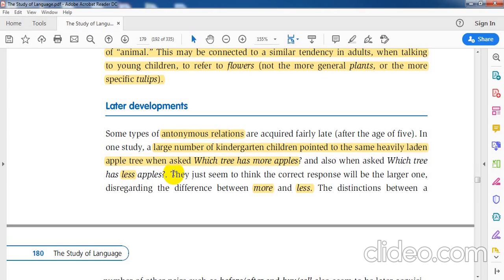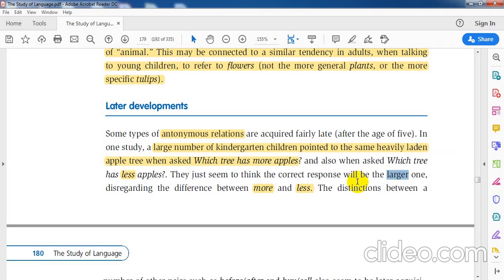Now the children are able to recognize the larger tree, not in terms of the contradiction between more and less, but they are conceptually able to join the adjective larger with more.